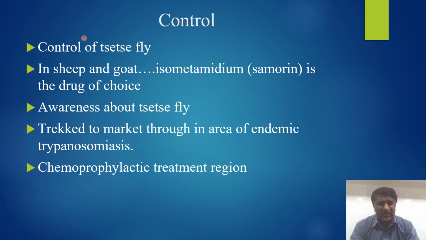So the control of tsetse fly is very important in sheep and goats. Isometamidium chloride, samorin, is the drug of choice. Awareness about the tsetse flies, effectiveness, and trekking to the market through an area of endemic trypanosomiasis and chemoprophylactic treatment region.